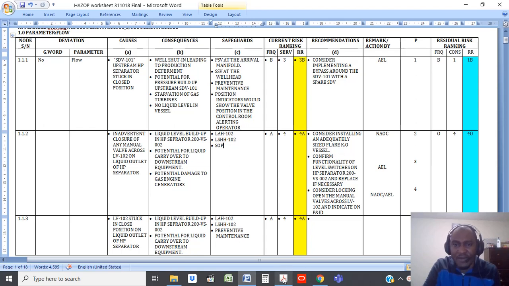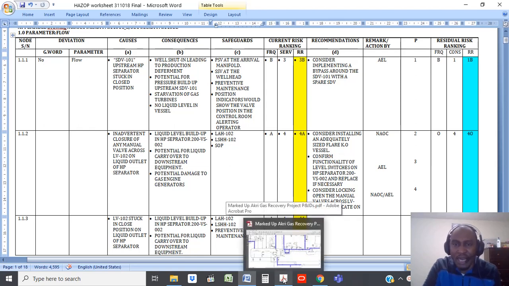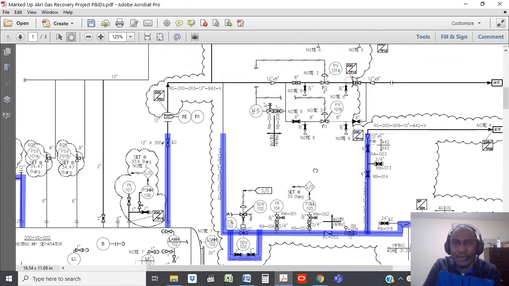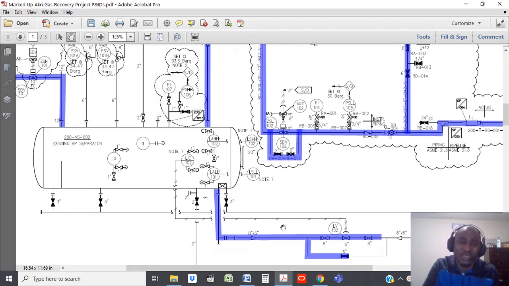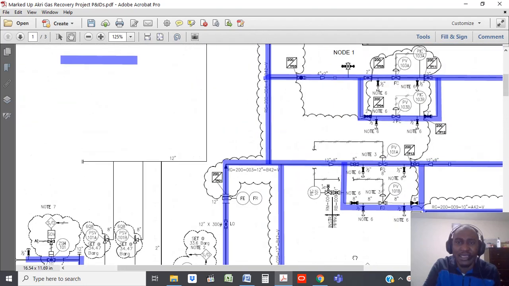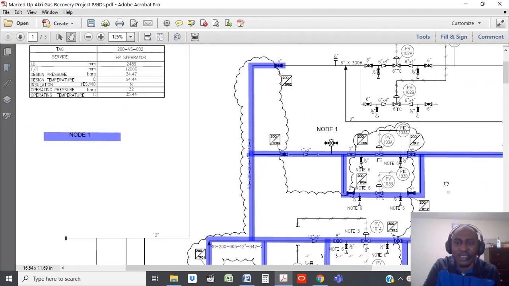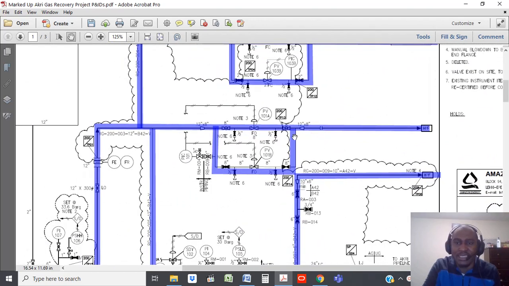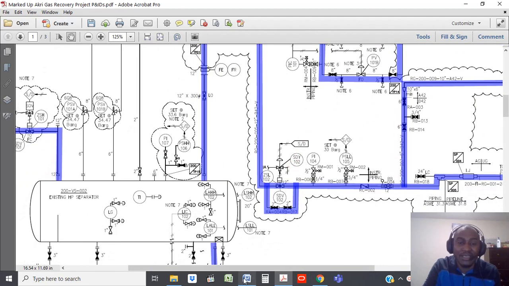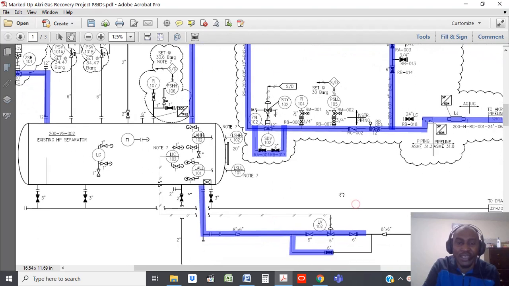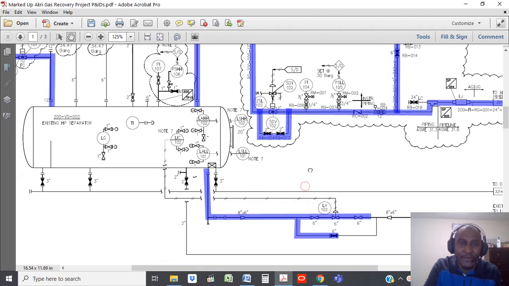If you have liquid carryover all the way down into the flare system, you want the vessel properly sized to trap as much liquid as possible, so you don't have liquid going to the flare stack, which is very, very dangerous. It could lead to a burning rain.